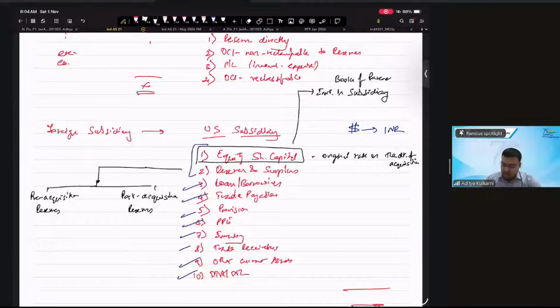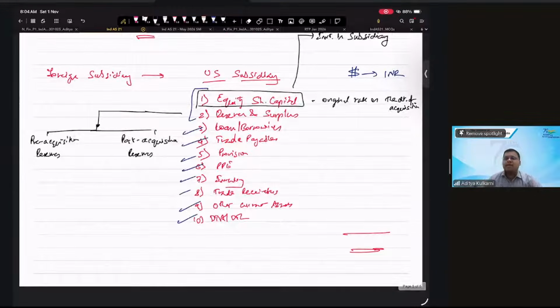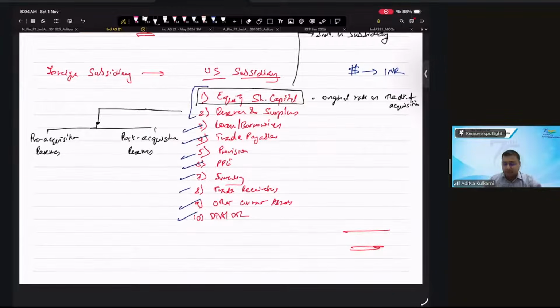And you have studied right from foundation, or even before that, the fundamental equation: equity plus liabilities is equal to assets. This is the balance sheet. Equity is nothing but equity share capital plus reserves.